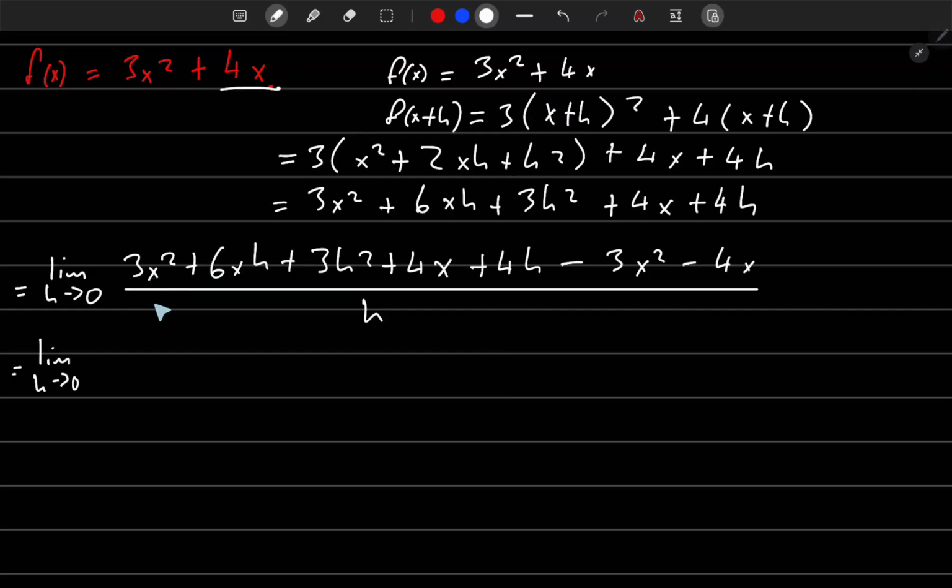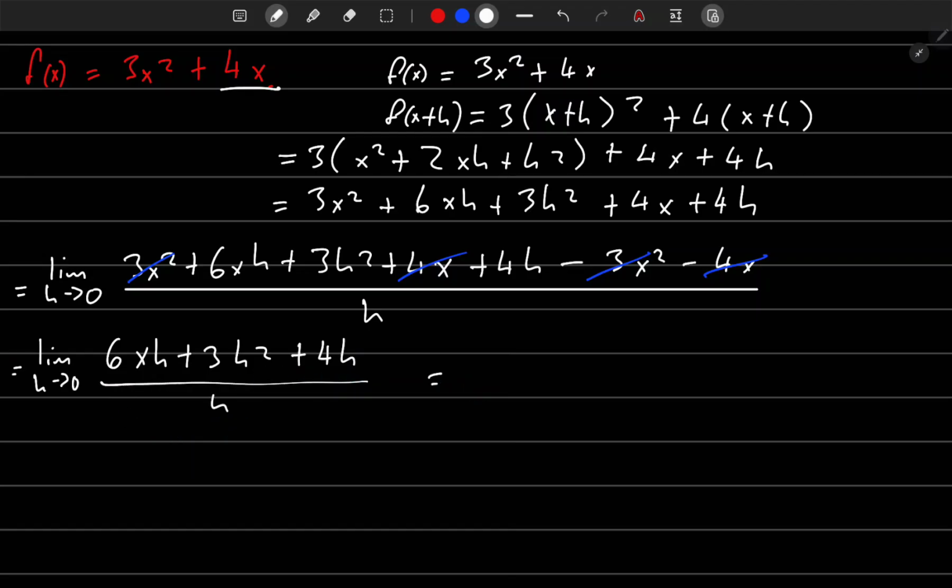For this, the first thing we can note is that we can cancel some of these terms. 3x squared can cancel with the negative 3x squared, and 4x with the minus 4x can cancel. What I'm left with is 6xh plus 3h squared plus 4h, all over h.